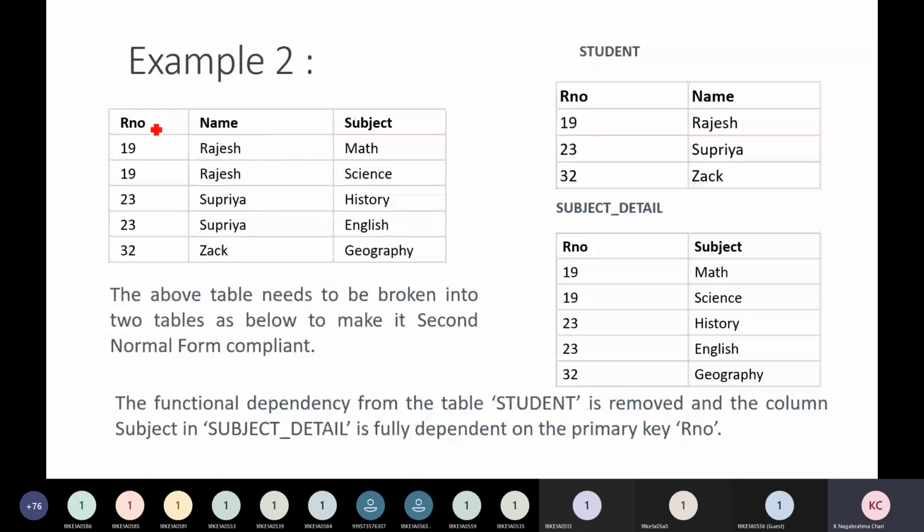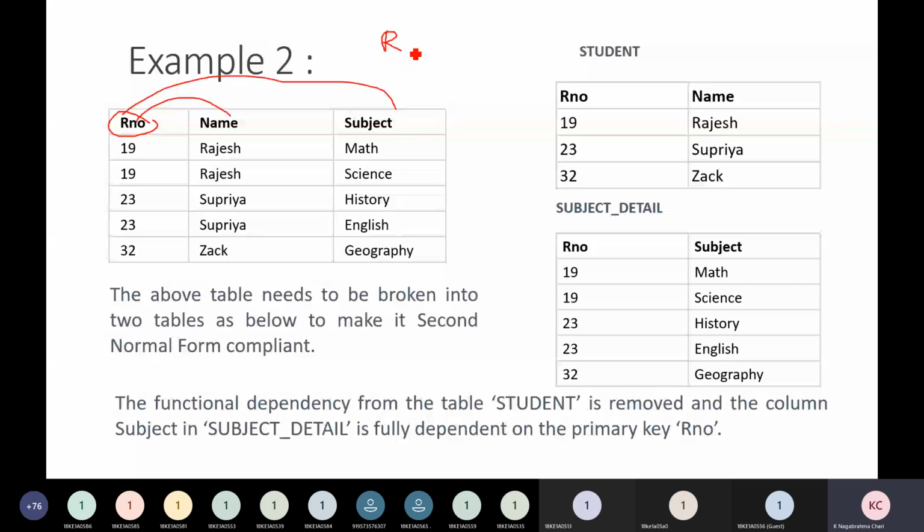Three columns. Here roll number is the primary key and we have a relation roll number to name and roll number to subject. So this is also one more functional dependency. So how can we write the functional dependency?